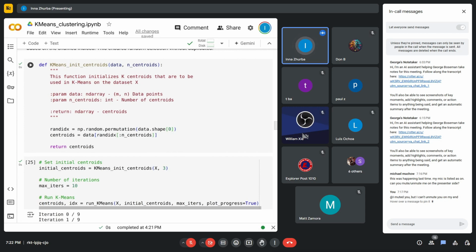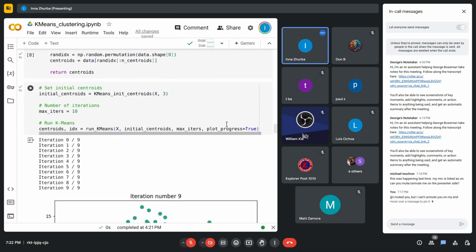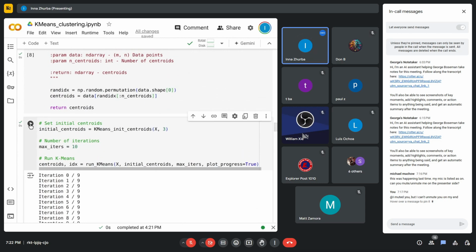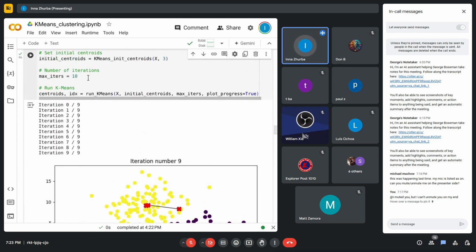Using that, we would avoid duplications as well, so it guarantees that our centroids are 3 separate points. And as we return centroids as a NumPy array, that's how it looks.